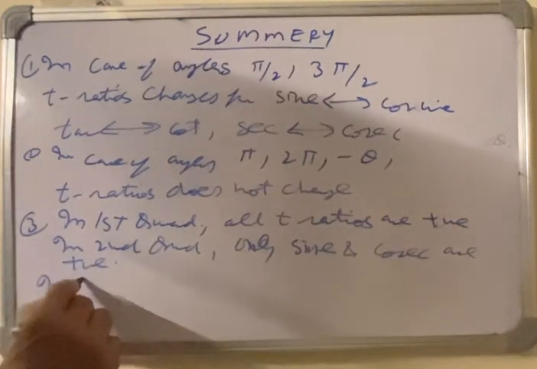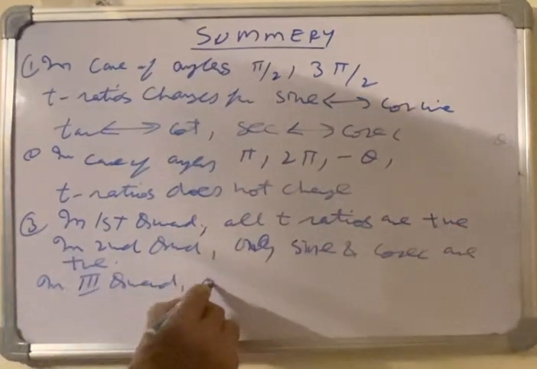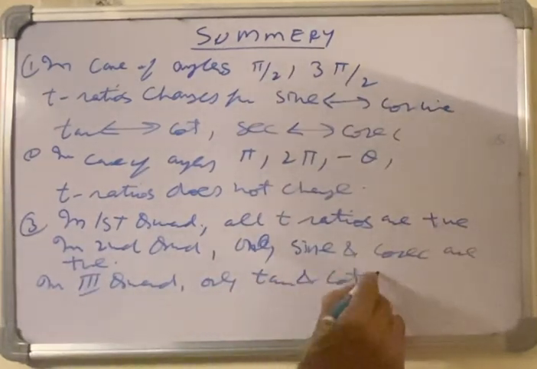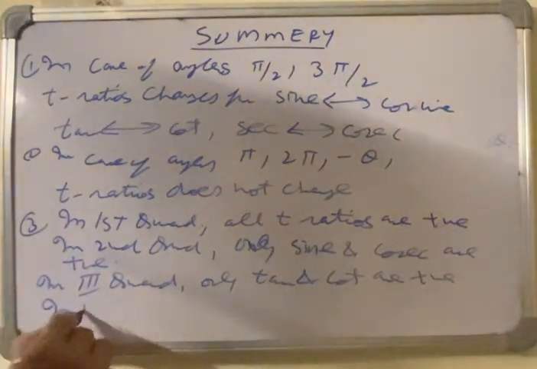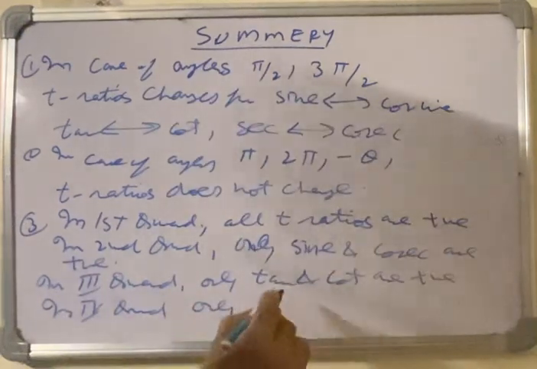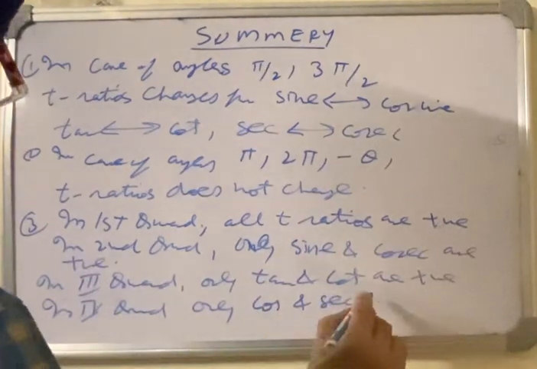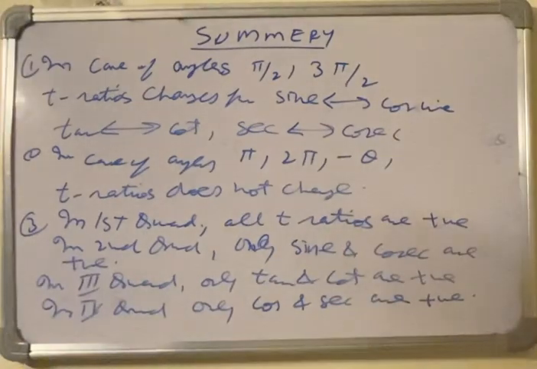In third quadrant, only tan and cot are positive. All others are negative. In fourth quadrant, only cos and secant are positive. So this is the summary of all their signs.